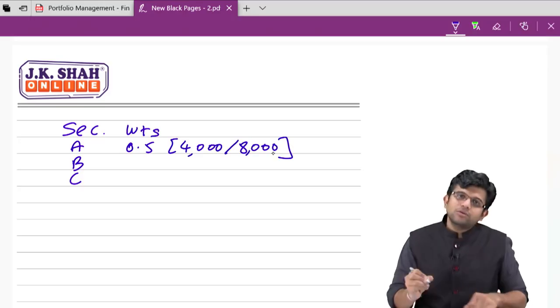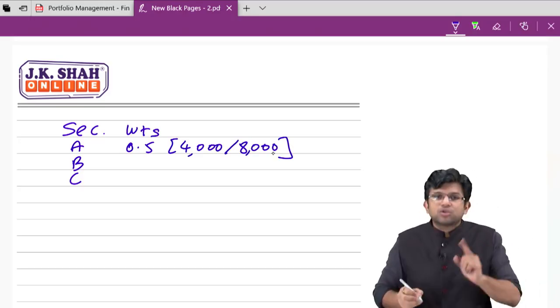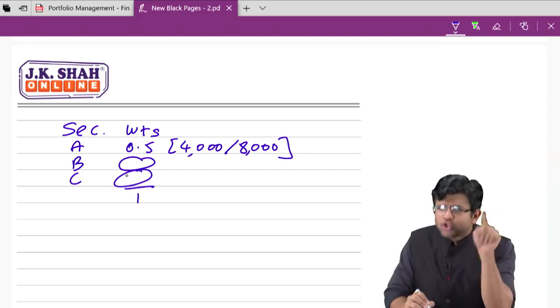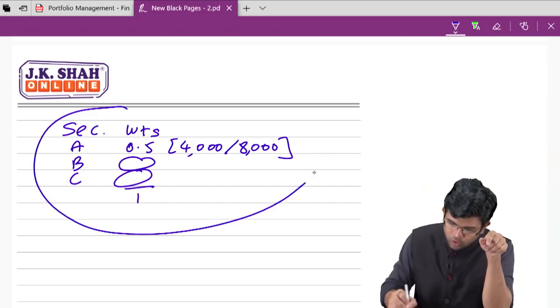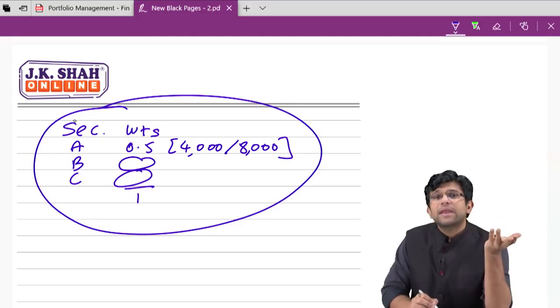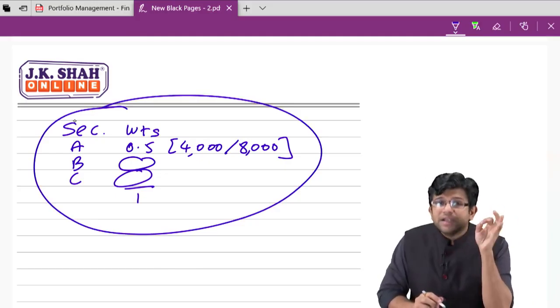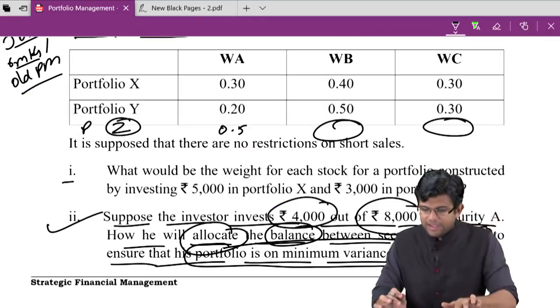They are asking you what should be the weights of B and C so that the portfolio continues to remain on the minimum variance set.